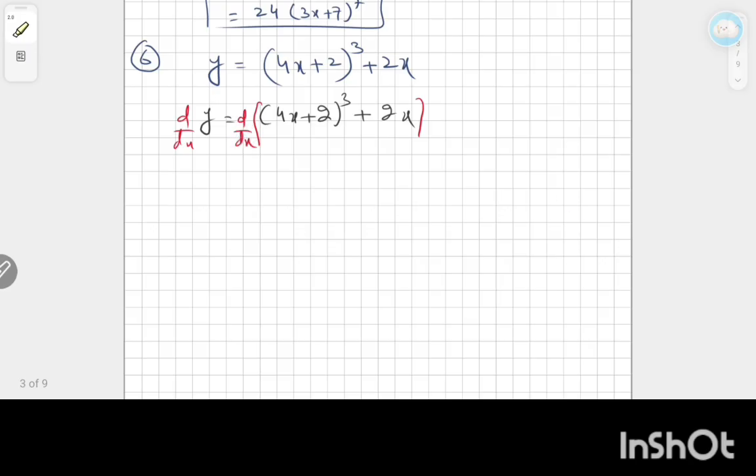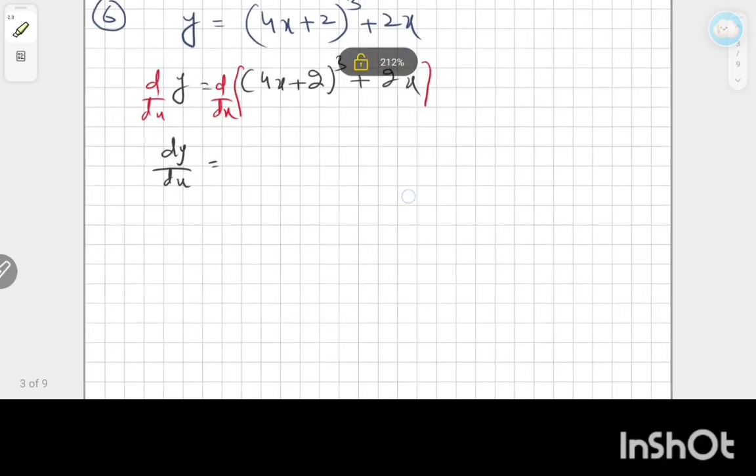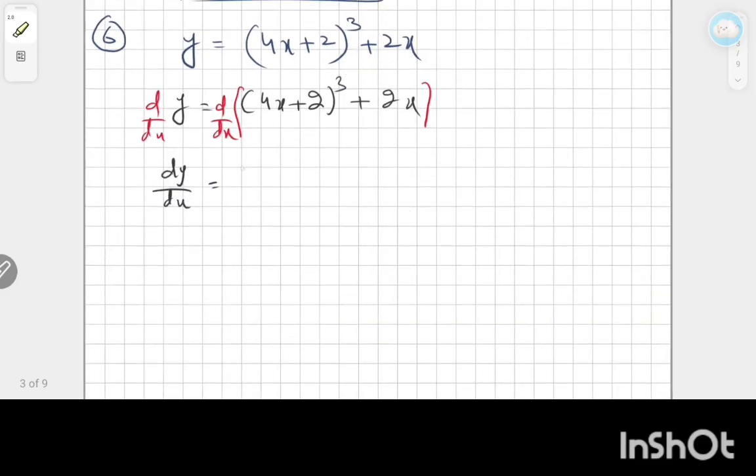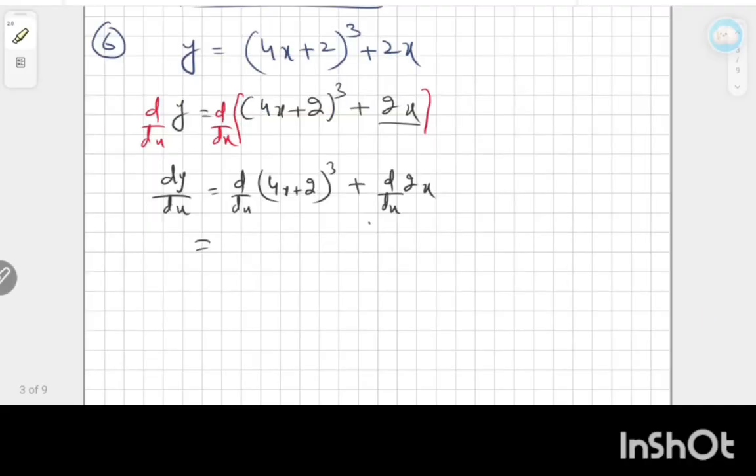dy by dx will be, we have to apply derivatives separately. First we will apply the derivative to separate terms, plus 2x, this is a separate term. Here we have to take the derivative of the right hand side.